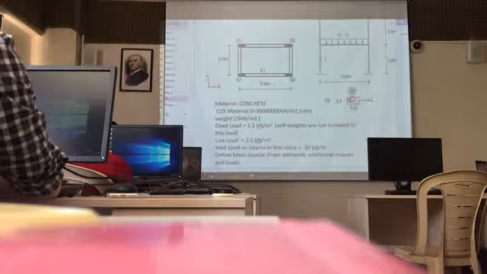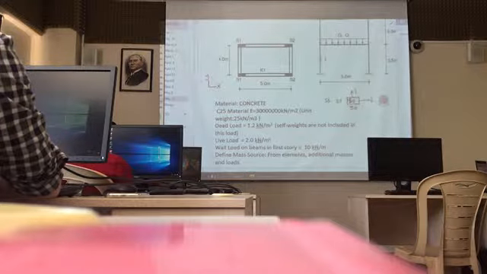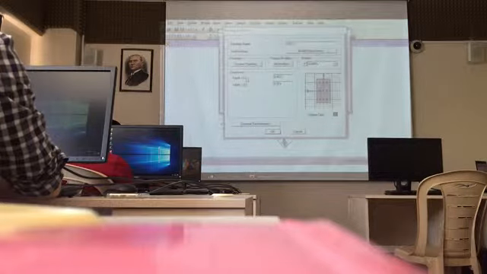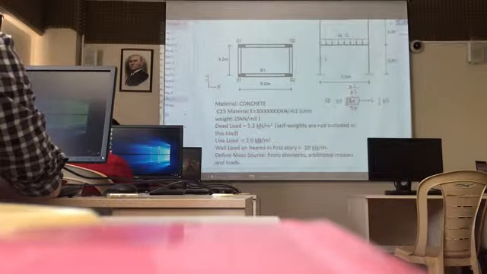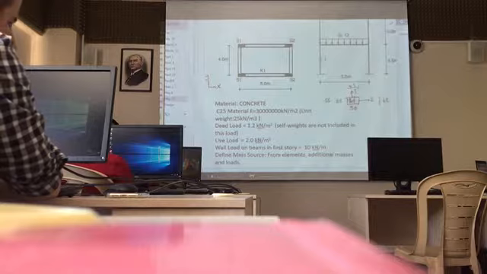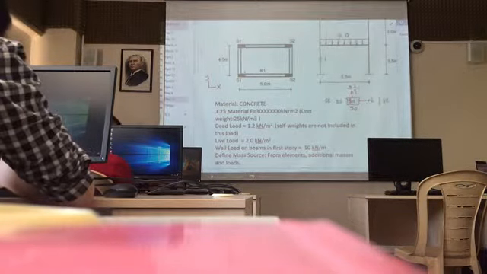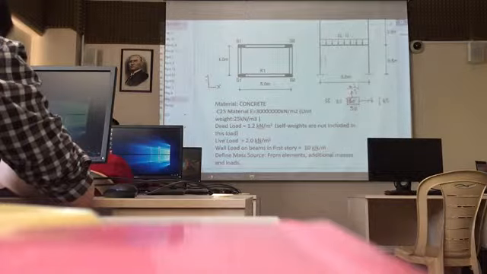This will be 3. Now this dimension will be T2, and in that case, this dimension will be T3, right? Using these local axes, we can define the orientation of this column correctly.